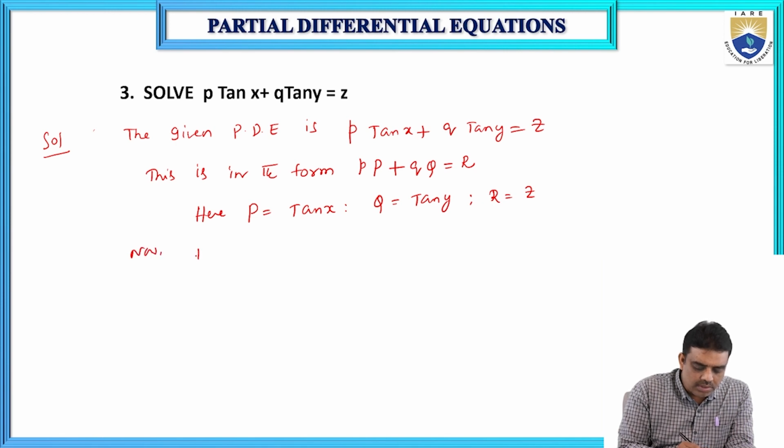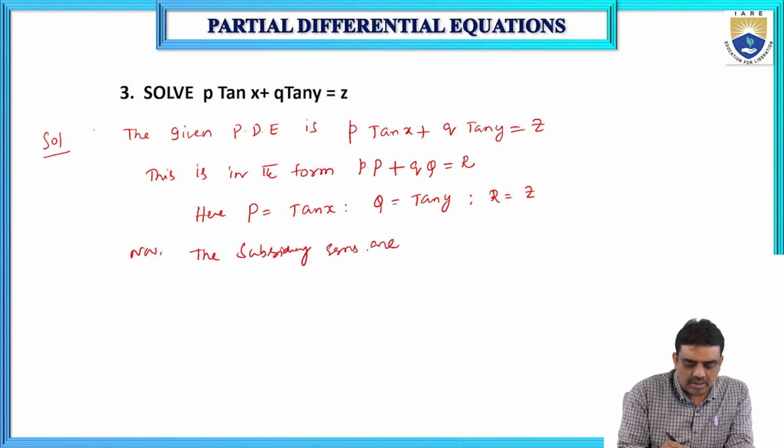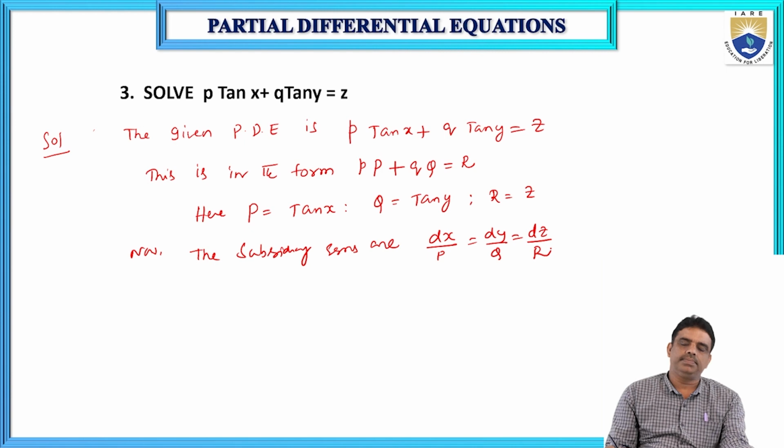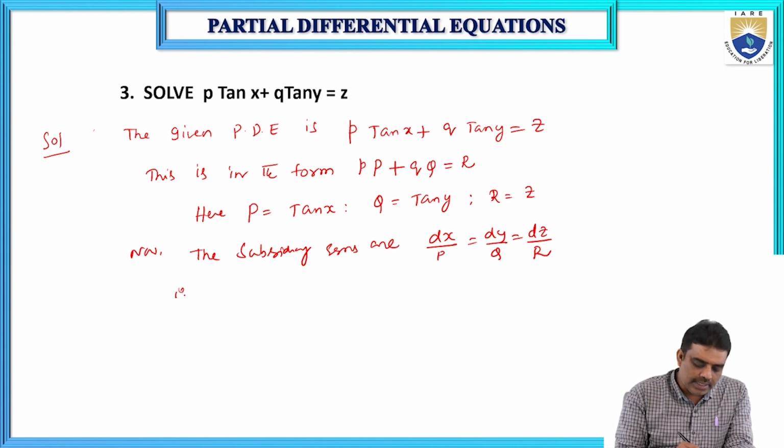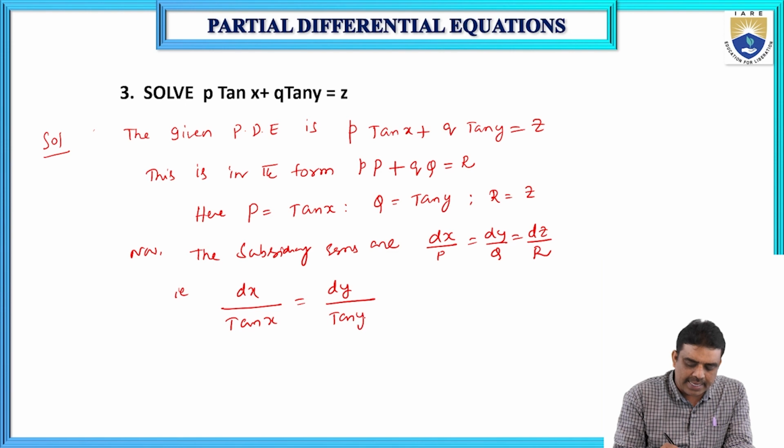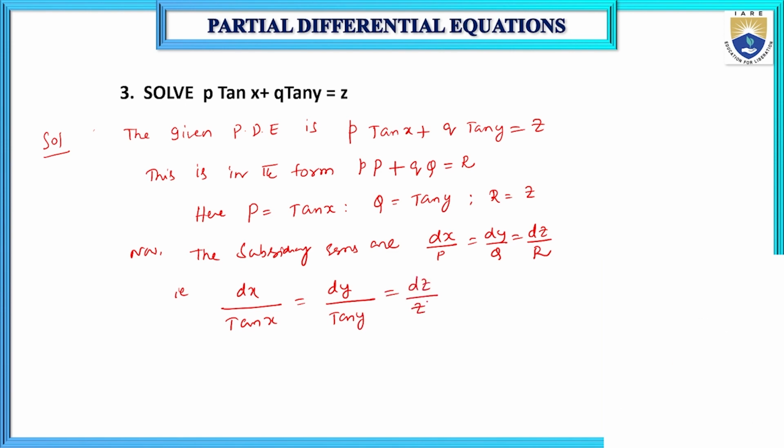Now the subsidiary equations are dx by P is equal to dy by Q is equal to dz by R. That is, dx by tan x is equal to dy by tan y is equal to dz by z.